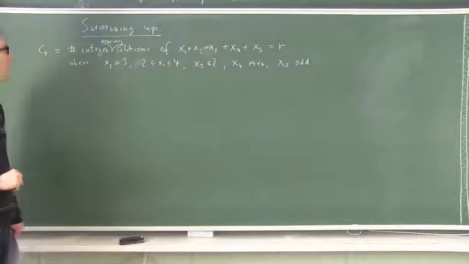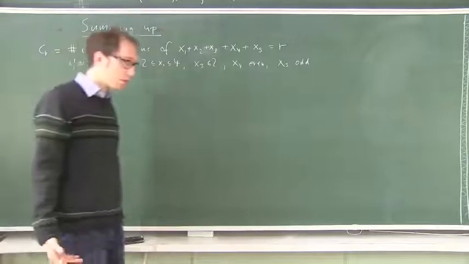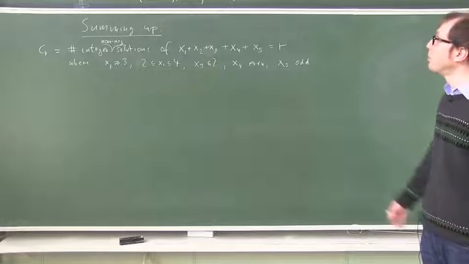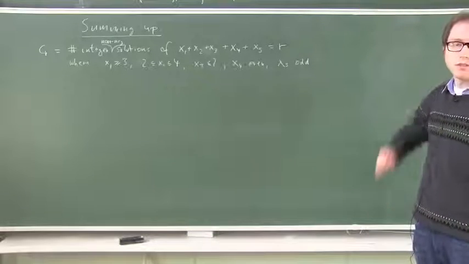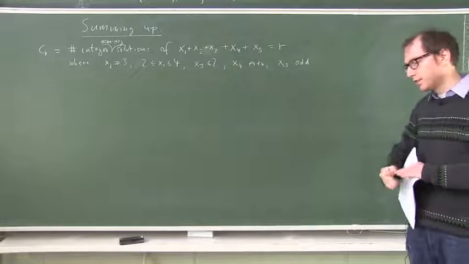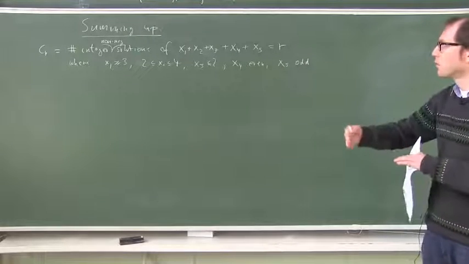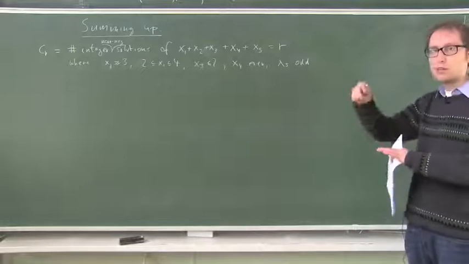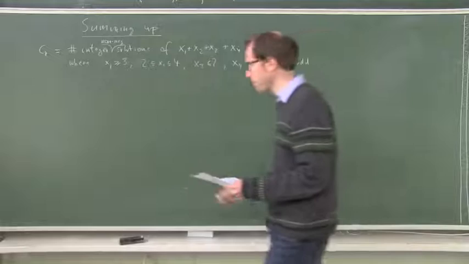Okay, so how do we do this? Well, we use the approach we just saw. Namely, from a previous argument we had before, you can think about the sub-problems, about how many ways there are to put balls in each of these boxes, and then you multiply the generating functions.